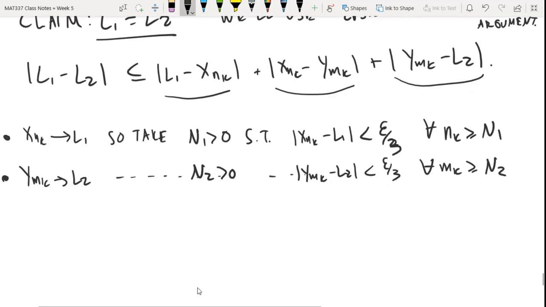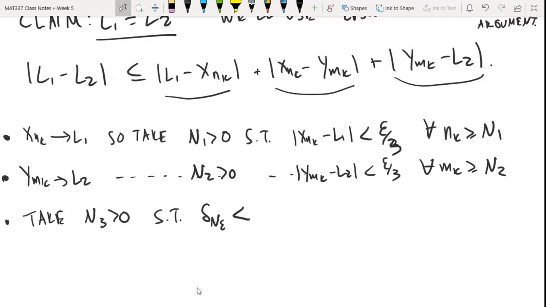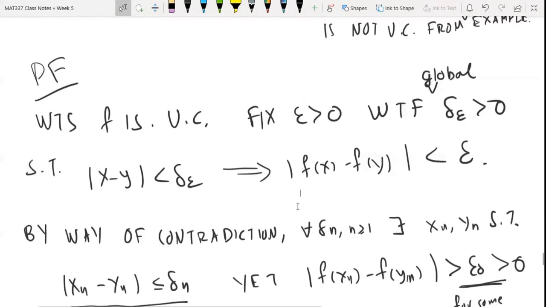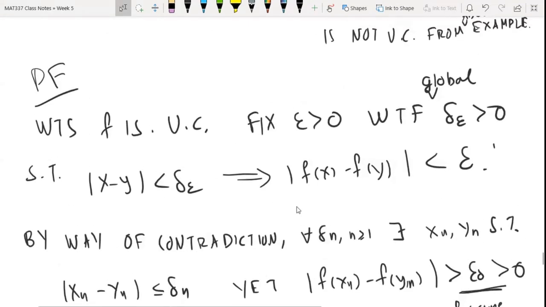And finally, take N3 so that delta of N3 is less than epsilon over 3. So this is the same delta from, let me call it star. So this delta here.